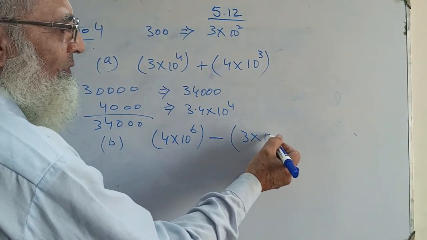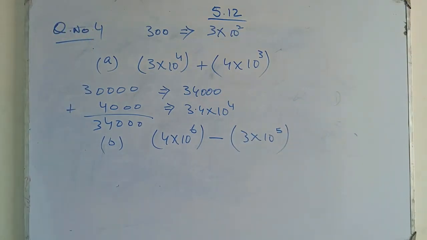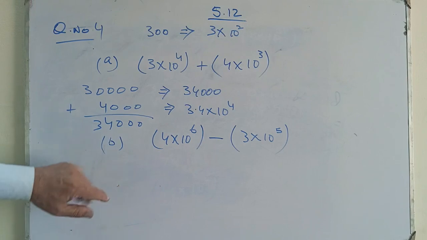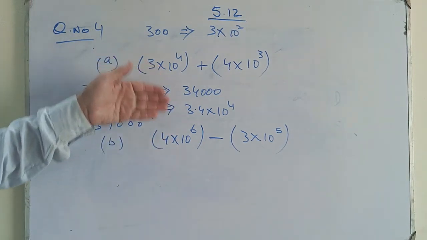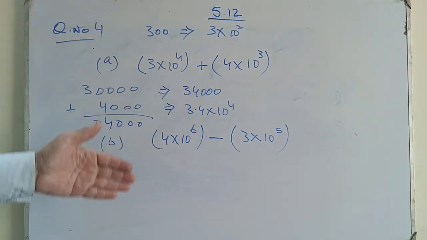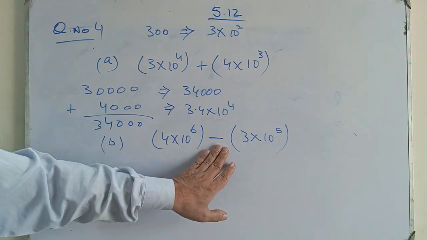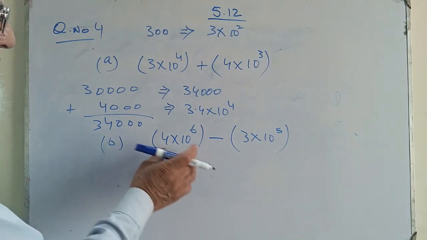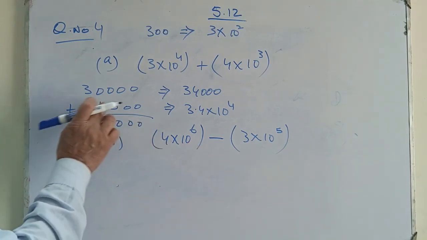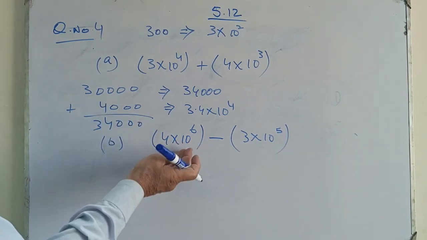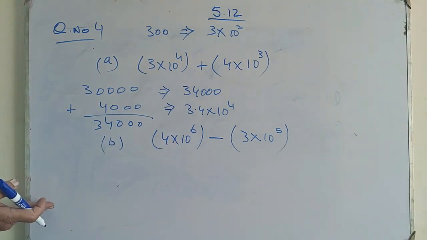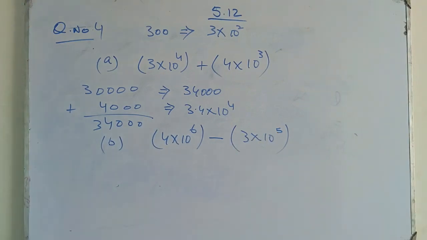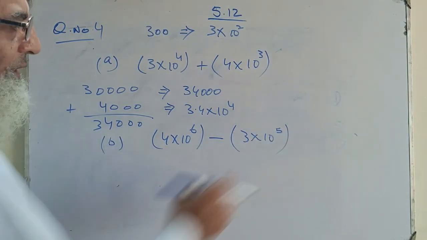Again this format is the same, except the sign is minus over here. So this 4 is carrying 6 zeros ahead of it, and this 3 is having 5 zeros ahead of it.